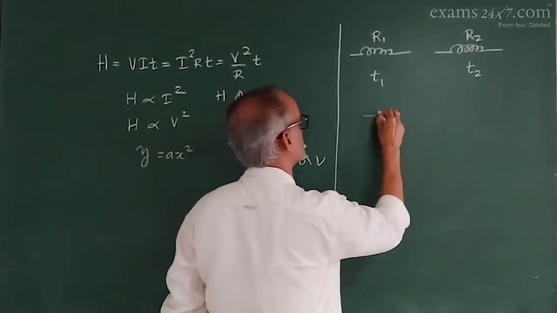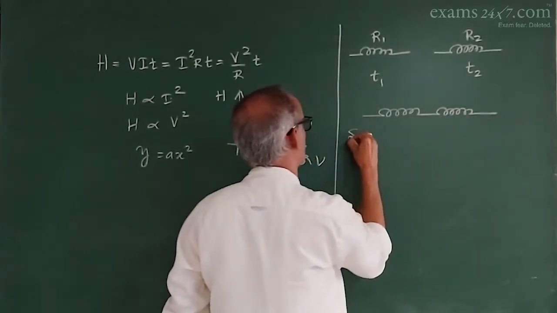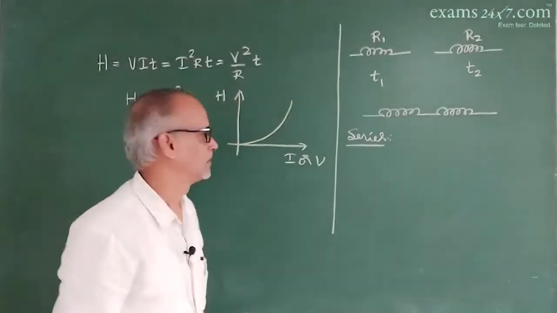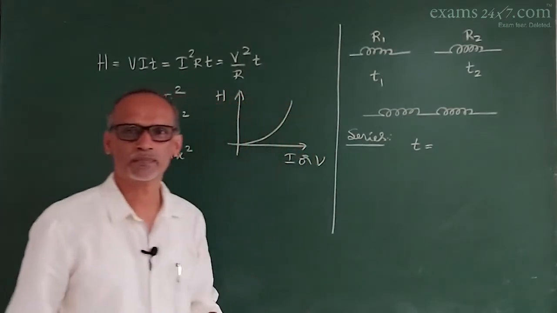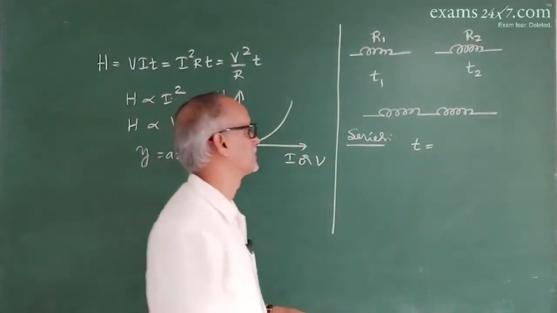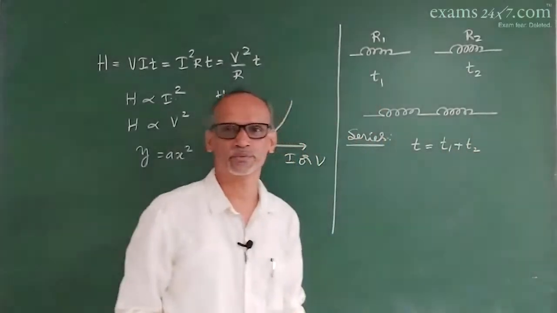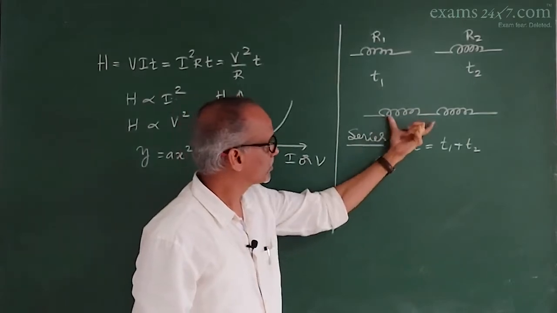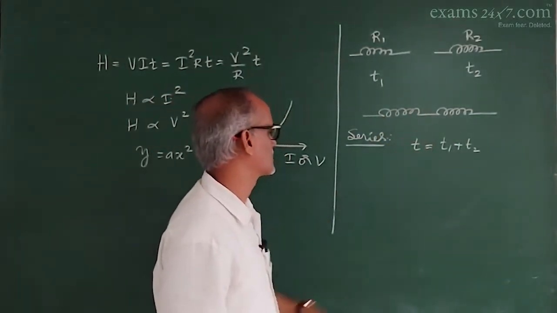Now if these two coils are connected in series, then the time taken by both the coils in series together is t1 plus t2. So to boil the same liquid, when both coils are in series, the time t is equal to t1 plus t2.